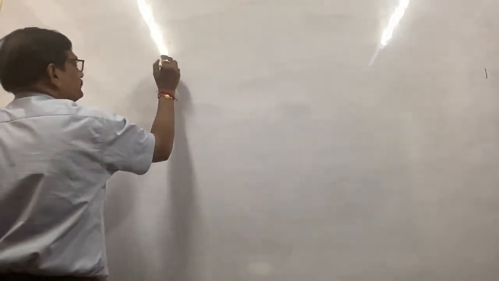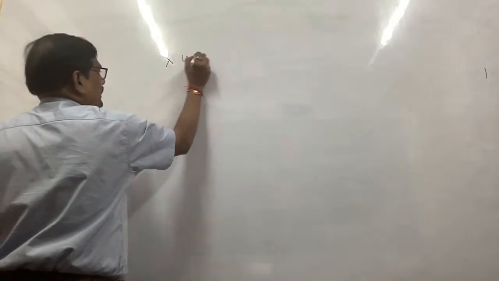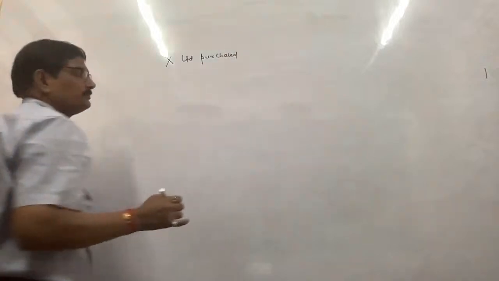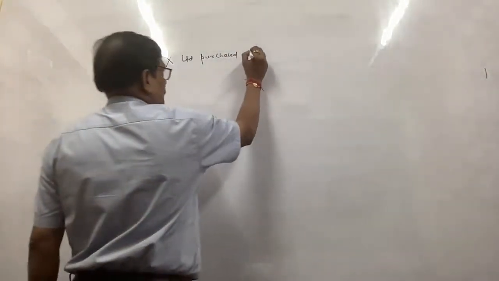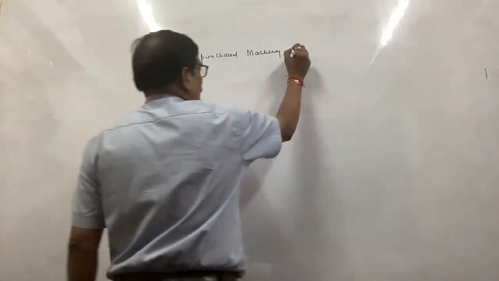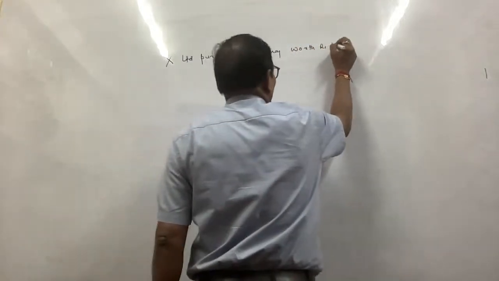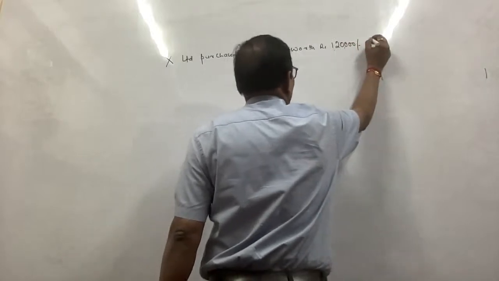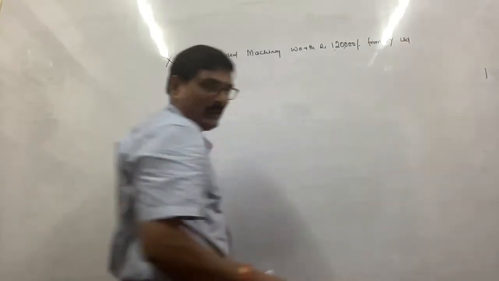Now see, suppose X Limited purchased machinery worth rupees 1,20,000 from Y Limited.